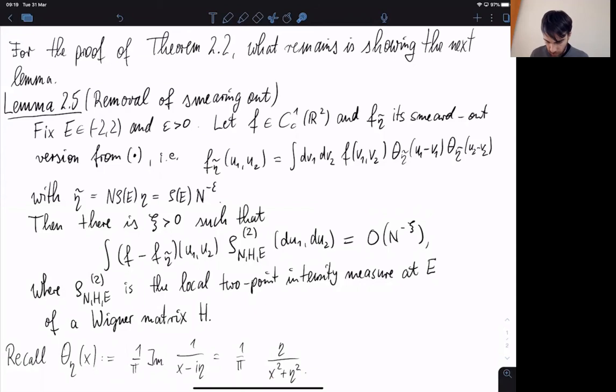We smear these out, and then the goal is to show that if I integrate the difference of f and f eta tilde for this choice of eta tilde against the local 2-point intensity measure of a Wigner matrix H at this energy E in the bulk, then I get something that is small, that goes to 0 when n goes to infinity, and that will be the last step in the proof of theorem 2.2.